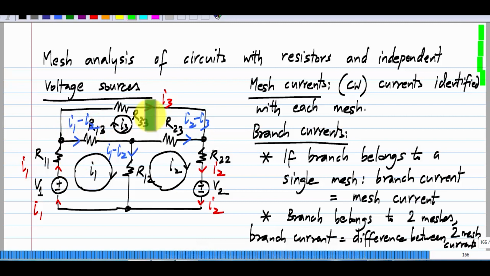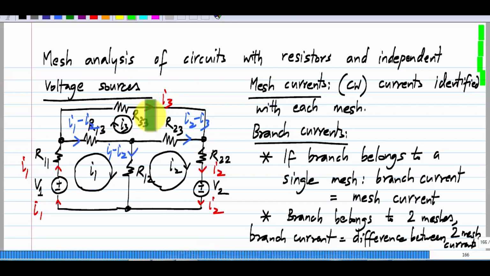Now you see also the analogy between nodal analysis and mesh analysis. In nodal analysis, if the branch is connected between some node and the reference node, then the voltage across the branch will be one of the node voltages that you solved for.